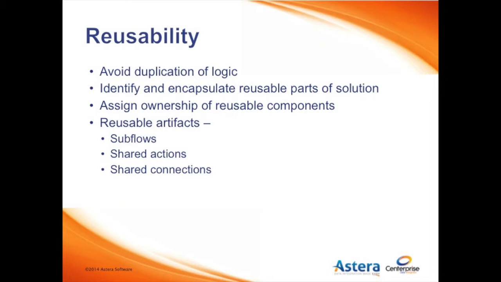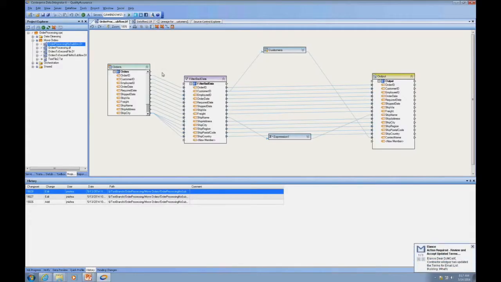I'm going to open the order processing. If you look at this project, actually let's open one of the samples here. This data flow is doing order processing directly, where it is taking orders and making it pass through some filters, some lookups, some calculations, and eventually putting that into the output.